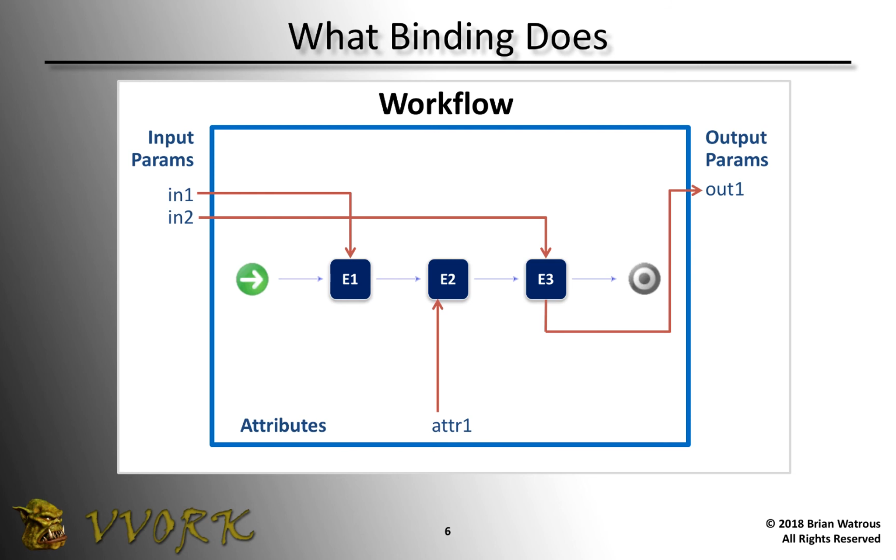In this case, this is an inward binding, but with attributes, you can also create outward bindings. So, unlike input parameters and output parameters, which can only have either inward binding or outward binding, with attributes, you can do binding in either direction.